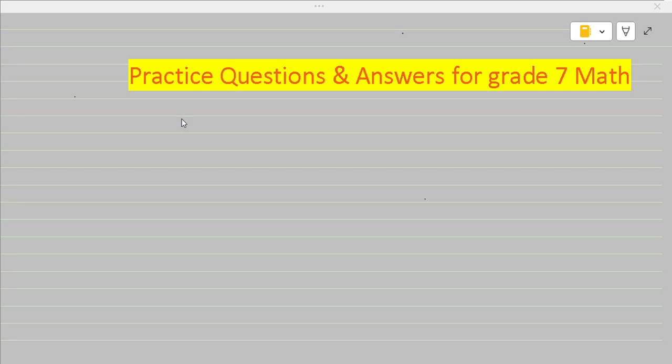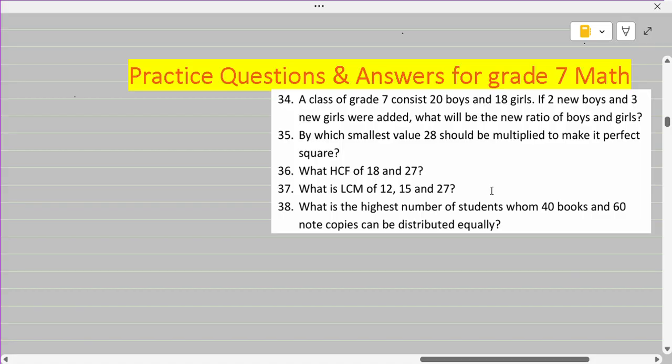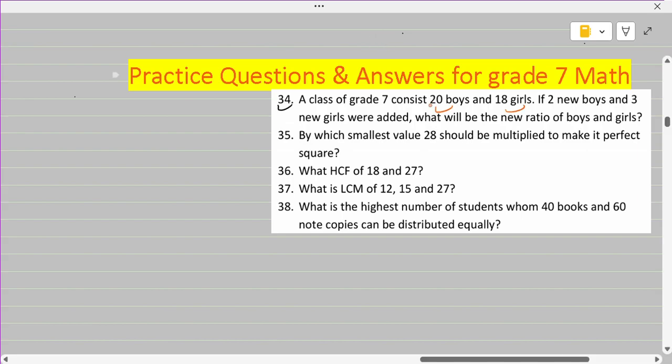So 34 to 38 I take now. First I go with number 34. See, a class of grade 7 consists of 20 boys and 18 girls. And it says that if 2 new boys and 3 new girls were added, what will be the new ratio of boys and girls? It's the same as the number 33 we did. The original number of boys and girls is already given: 20 boys and 18 girls.